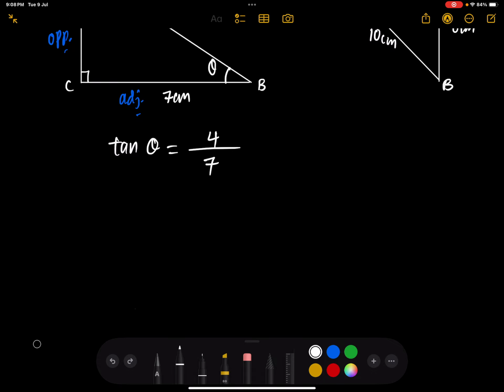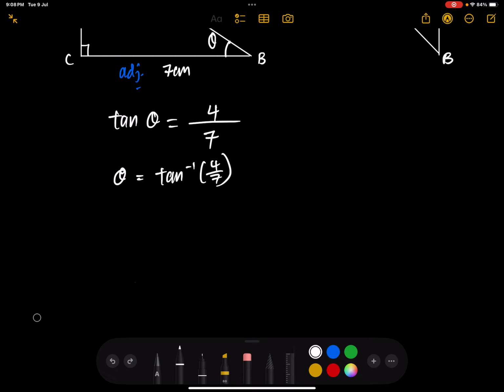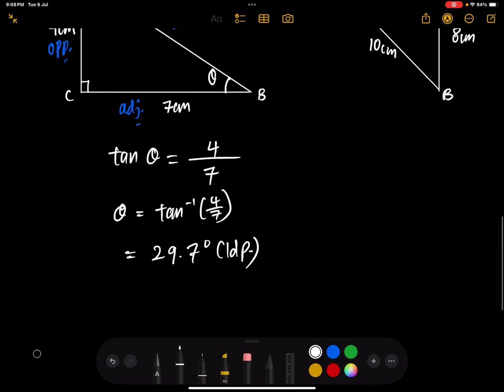To find an angle, I have to do tangent inverse of 4/7. This means to the power of -1, by the way. Tangent inverse basically allows you to find your angle. If I press the calculator, it will give me 29.7 degrees to 1 decimal place.